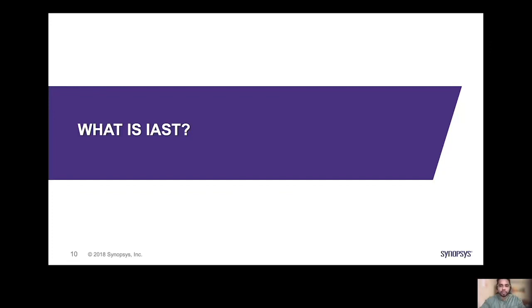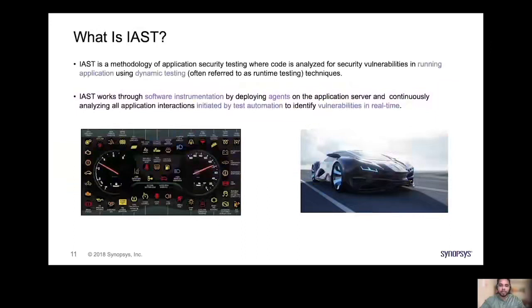It is a tool that is remarkably effective at rooting out potentially catastrophic bugs in web-based applications during the software development lifecycle. So what is IAST? Please observe the keywords on the slide.